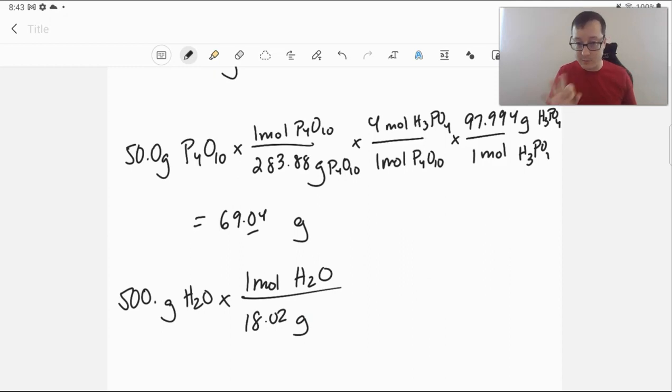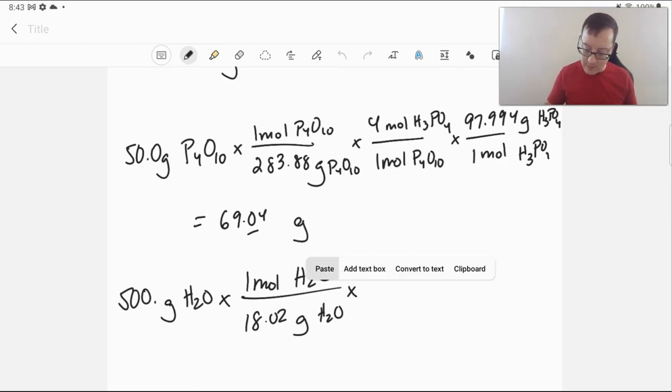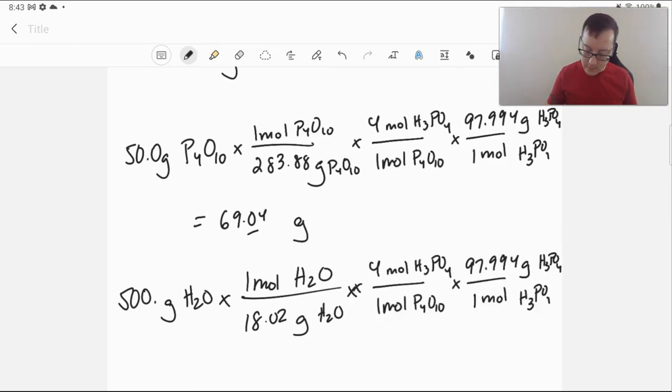Don't use the 6, don't put the coefficient there, because the coefficient comes right here in the next part. Aha! I'm cheating and reusing my work. Okay, we have 6 moles of water on the bottom, and then the rest of it is identical to what it was before.